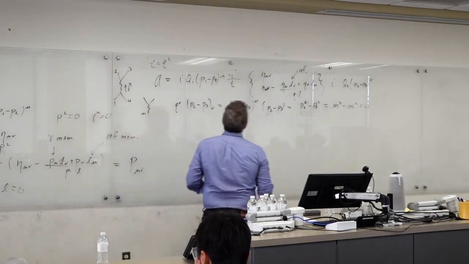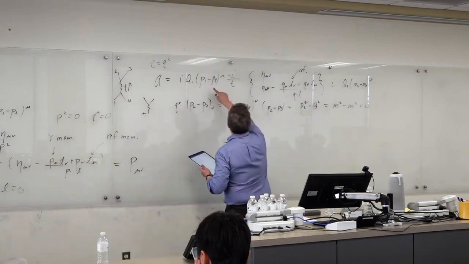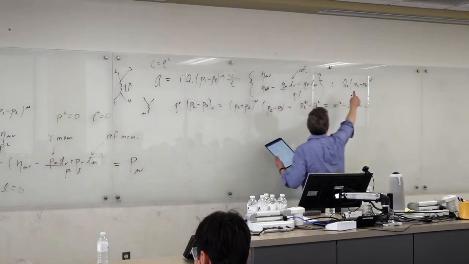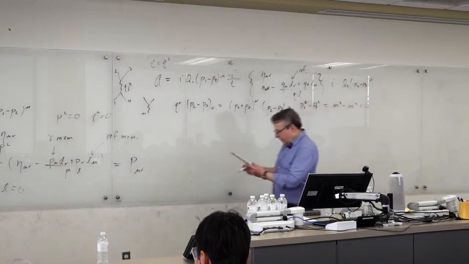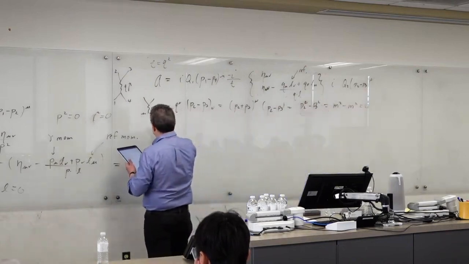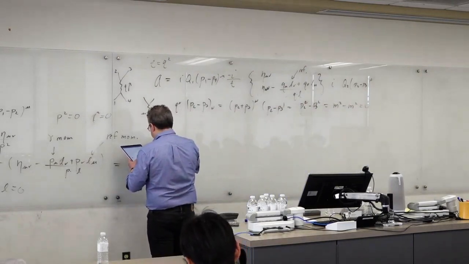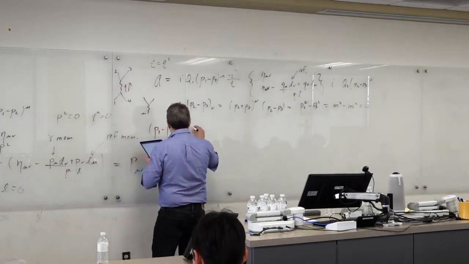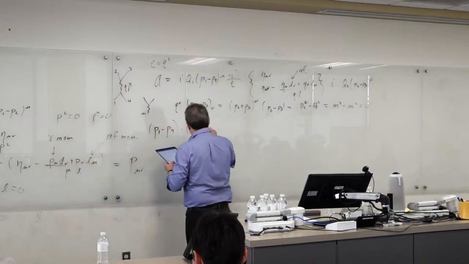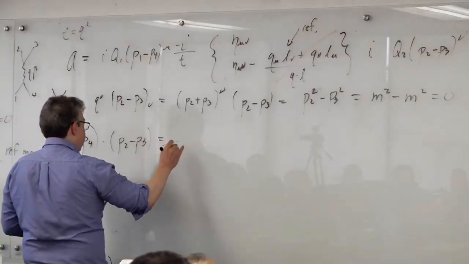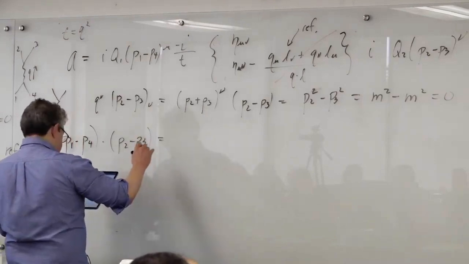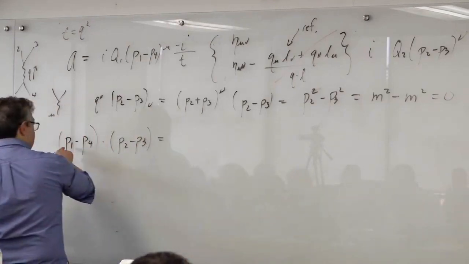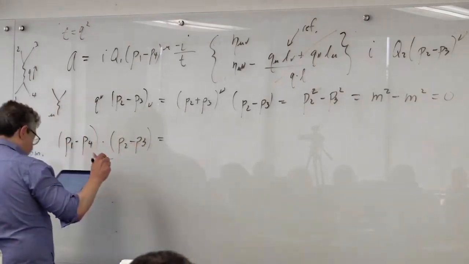Okay, so there we have it. The only thing that survives is this, the eta, and this. So I need to work out what is P1 minus P4 dotted into P2 minus P3.